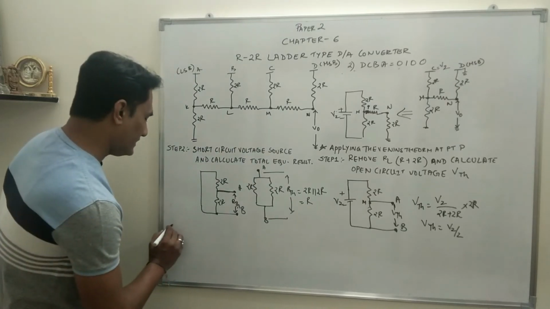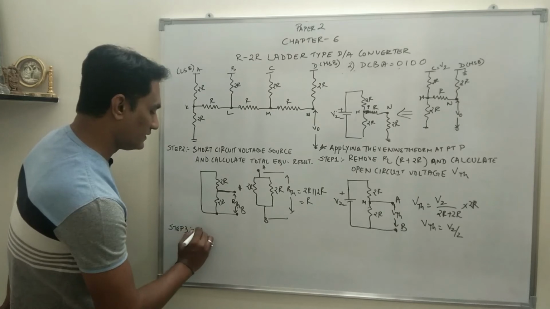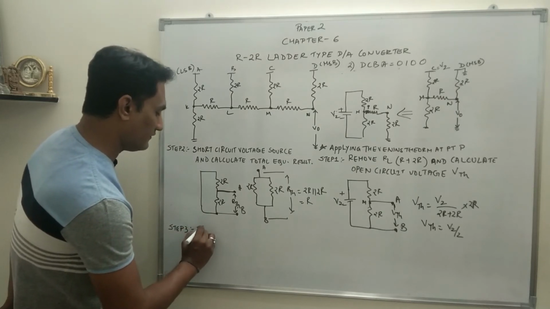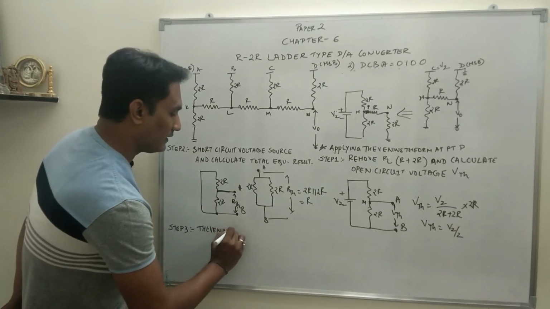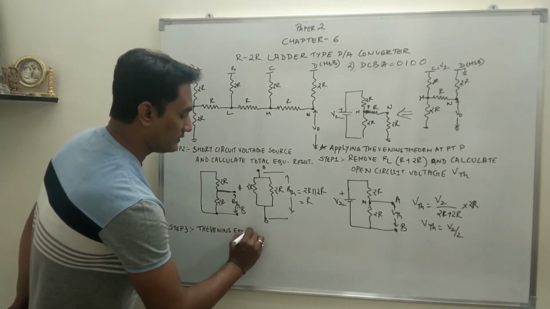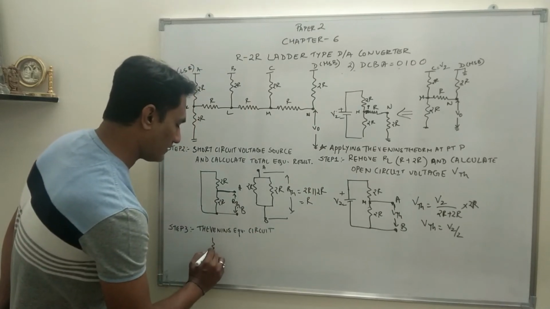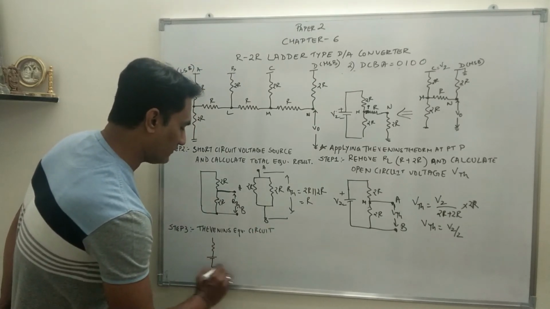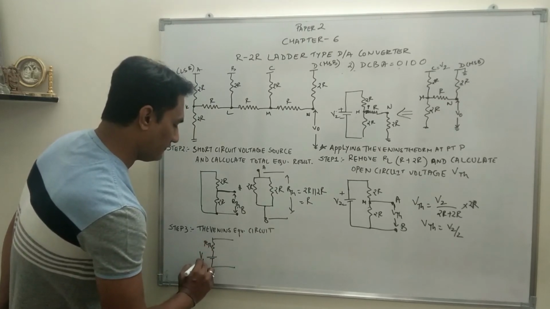So in step 3, we have the Thevenin's equivalent circuit: one resistance and one voltage source. So we got that RTH and VTH.